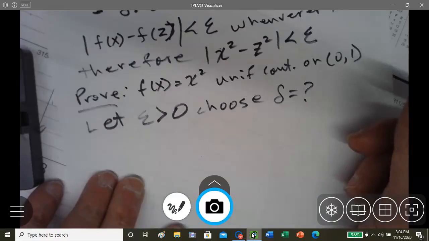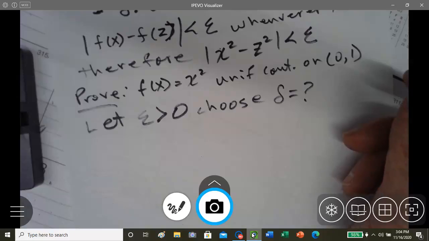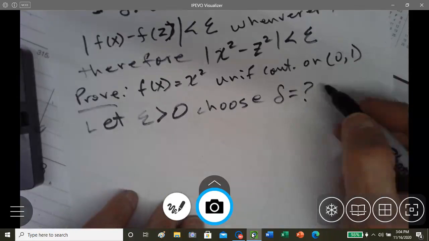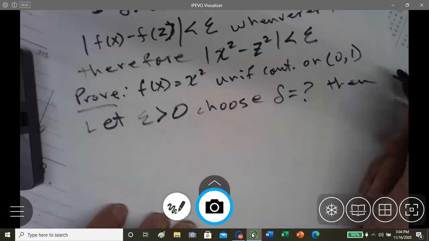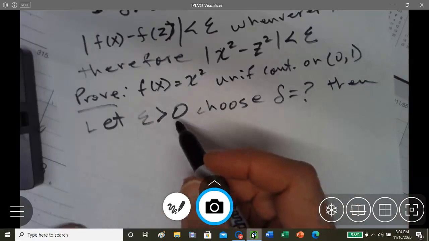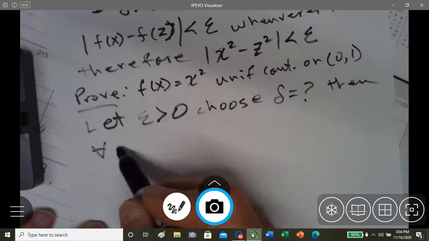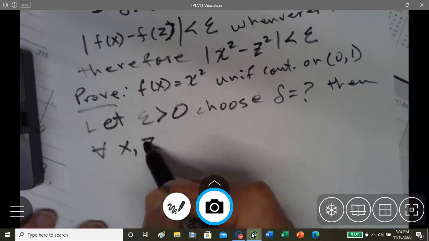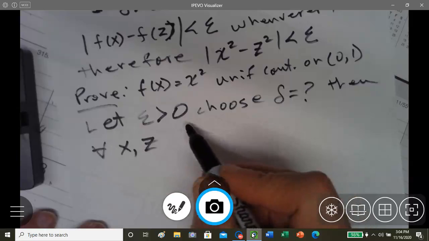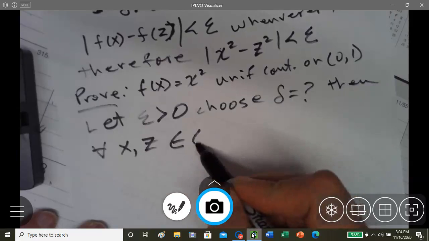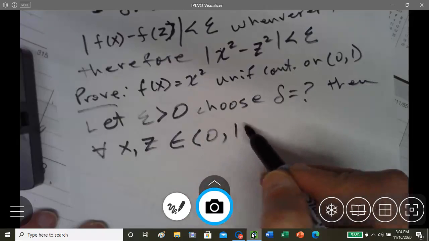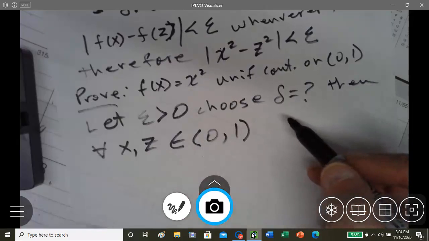So we're going to figure that out on the scratch paper and then go back and write our proof. Then from that, for all x and z that are elements in our interval from 0 to 1.